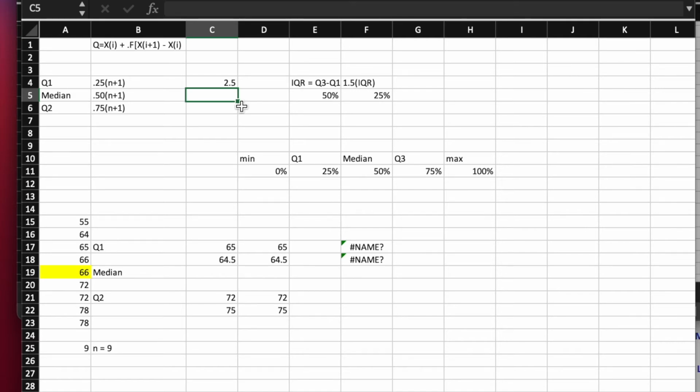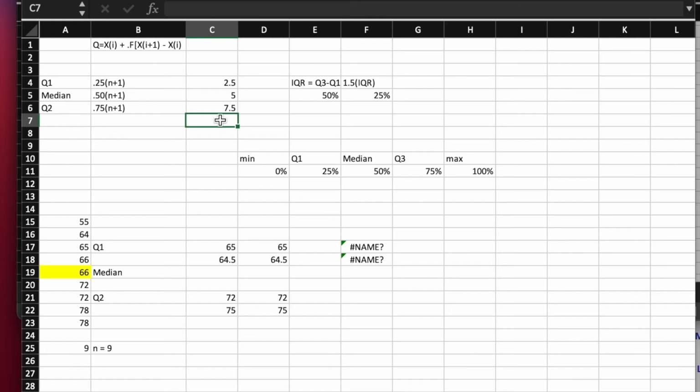Same thing for 0.50 times 9 plus 1. Same thing again for 0.75 times parentheses 9 plus 1.